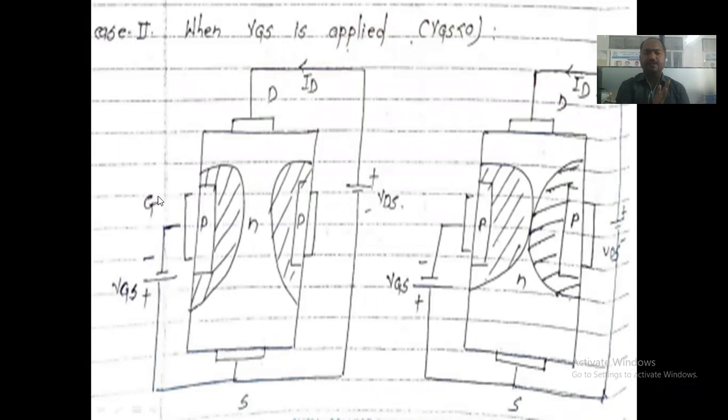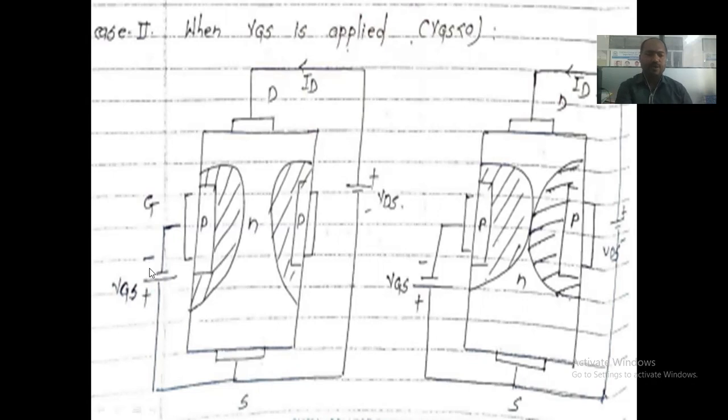So when we apply a negative voltage, the electrons traveling from source to drain have less area. Whatever negative voltage is applied, consider it as minus 2 volt, the size of the depletion layer is increased compared to the earlier case, where VGS equal to 0.